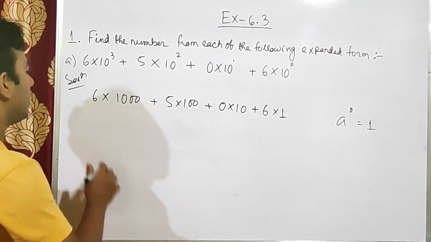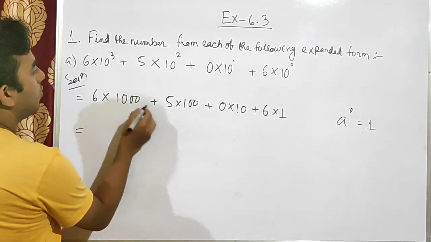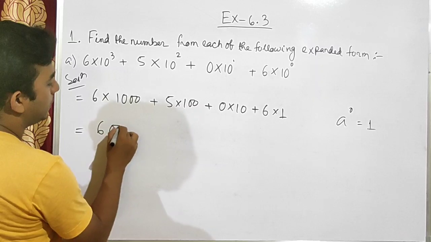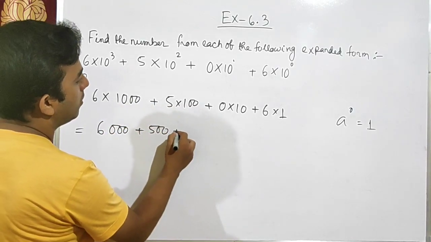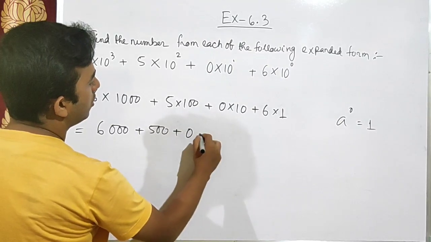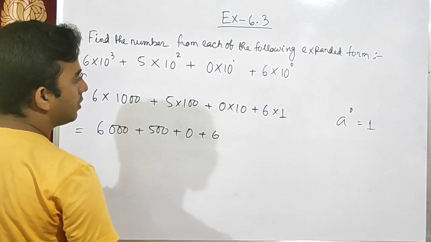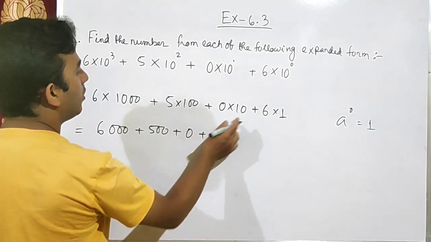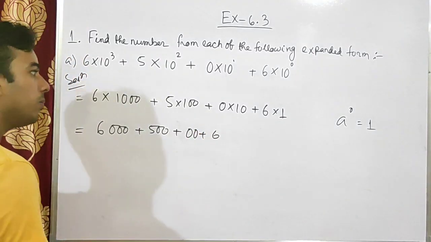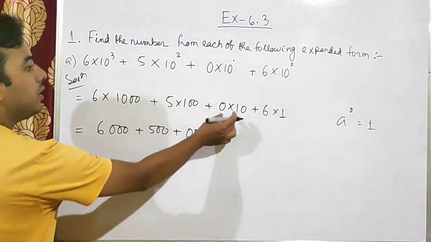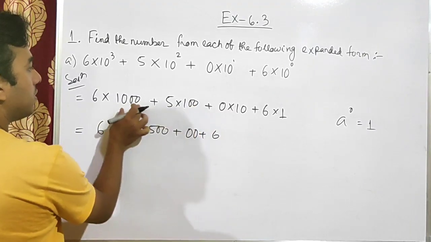Now if we multiply, look, 6 into 1000 is 6000. 5 into 100 is 500, plus 0 into 10 is 0, plus 6. 0 into 10 will be 00, plus 6, because this is in the 10th place, this is in the 100th place, this is in the 1000th place.